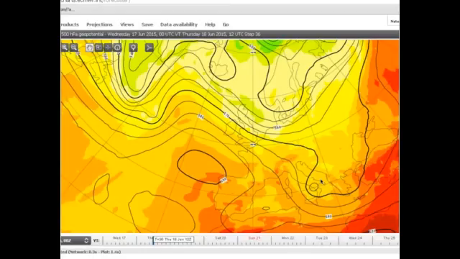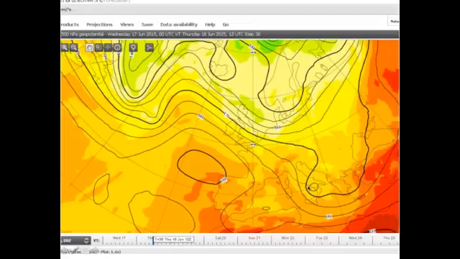In the next one, so this is the image tomorrow at 12, you see that the direction of the wind has changed from westerly to northwesterly over the UK. I expect some winds to pick up here in this area, also along the coast of the Netherlands, Belgium, also along the coasts of the Baltic states, probably some high winds tomorrow.